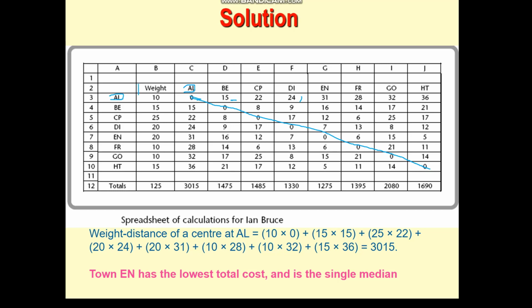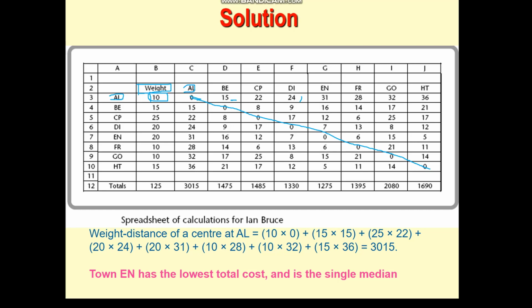And column B is the weight or the load of that town, like how many trips or how many units they have to deliver the products to AL. It is 10.